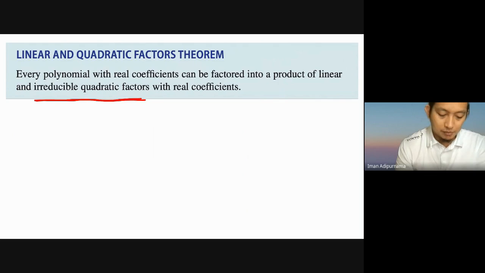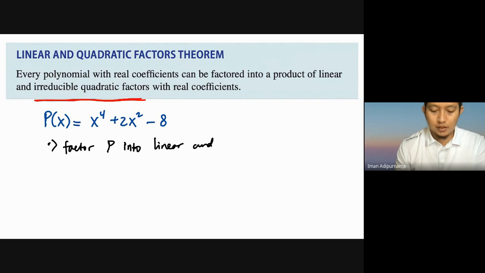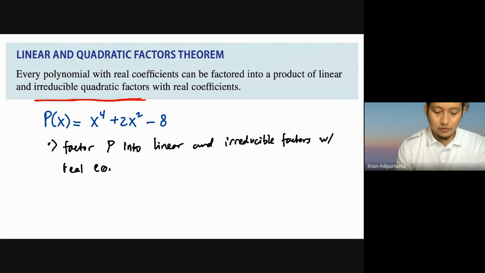Okay, so for example, if you have p of x, you have x to the power of 4 plus 2x squared minus 8. The question is: factor p into linear and irreducible factors with real coefficients.